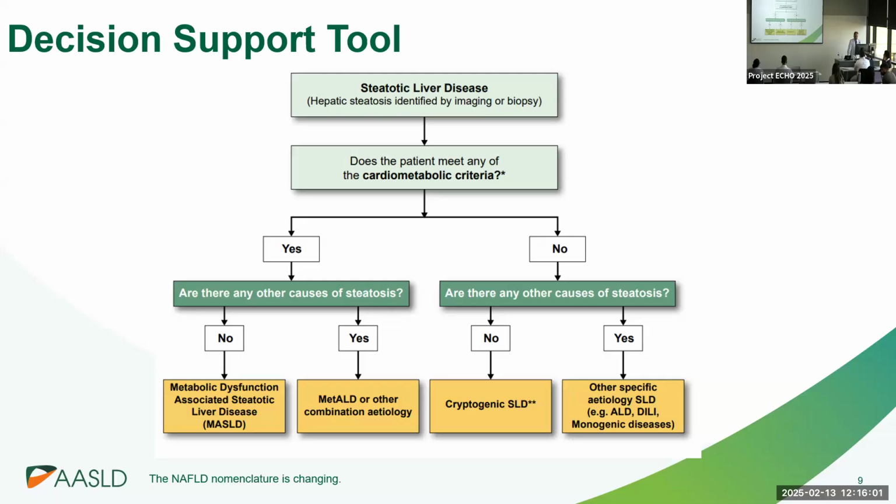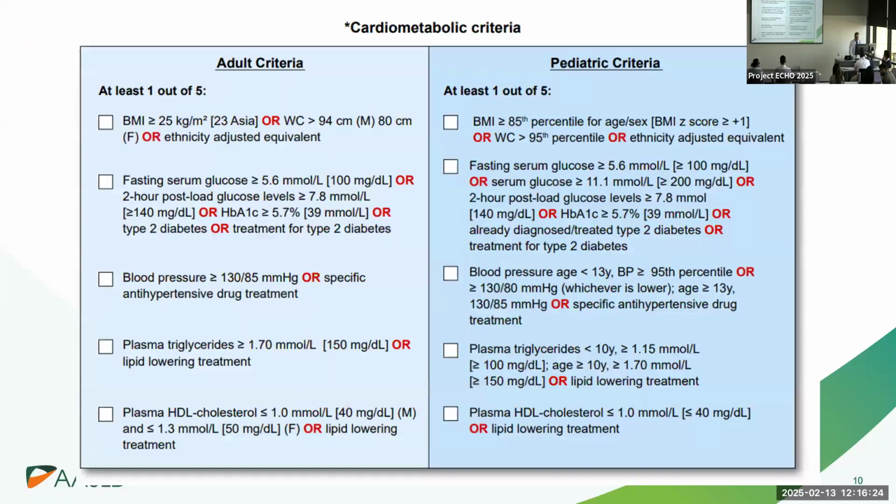If there are no other causes like alcohol, then it's MASLD. If there is another cause like alcohol, it may be MetALD. And if there's no cardiometabolic risk factor, then we ask about any other causes. If there are no other causes, then it will be cryptogenic steatotic liver disease. And if yes, then we'll look for the specific reason.